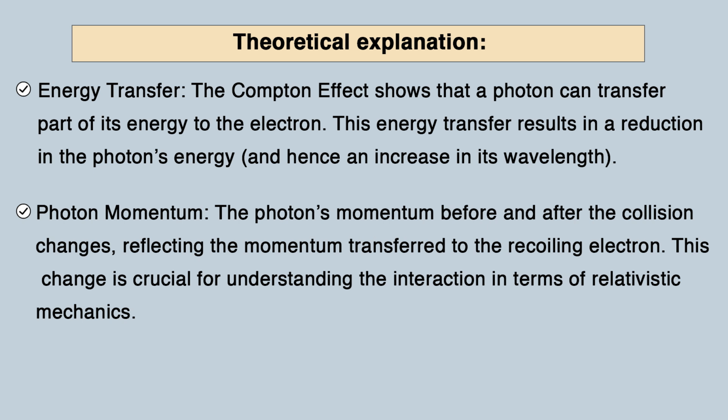This energy transfer results in a reduction in the photon energy and hence an increase in its wavelength. Let's see what about photon momentum. The photon momentum before and after the collision changes, reflecting the momentum transferred to the recoiling electron. This change is crucial for understanding the interaction in terms of relativistic mechanics.